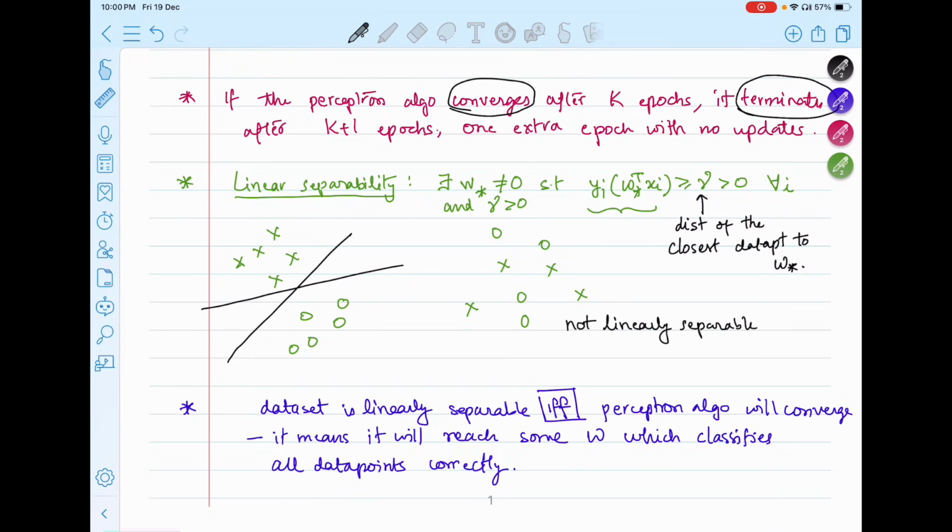We can get some other W also. There is no uniqueness for this particular line, right? We can get some other line also. For example, as you saw in this example, there are two lines.